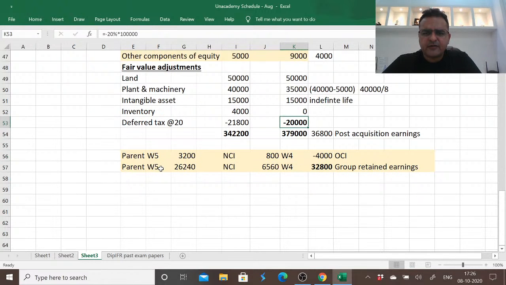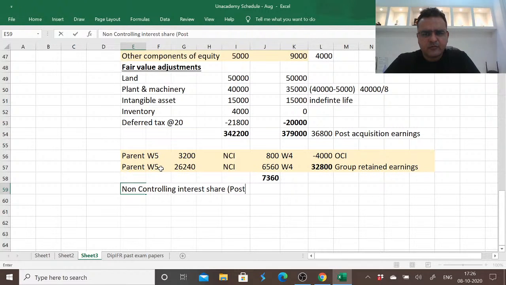This we could have dealt with directly as well, because NCI share in any case is equal to 7,360, which we could have applied directly, 20% of 36,800, non-controlling interest share post acquisition.